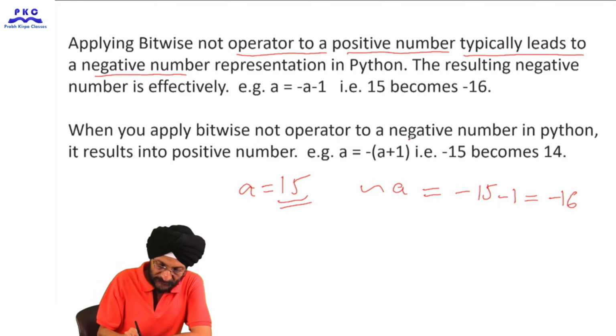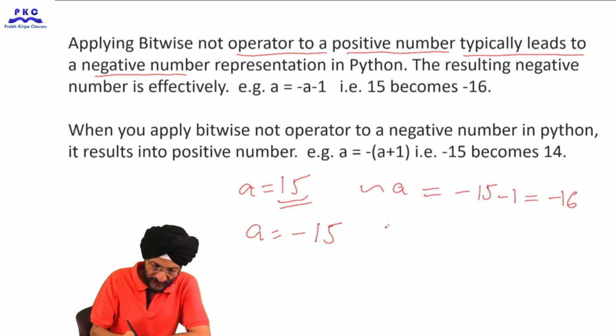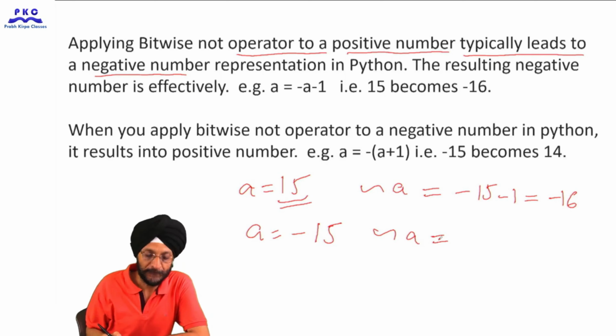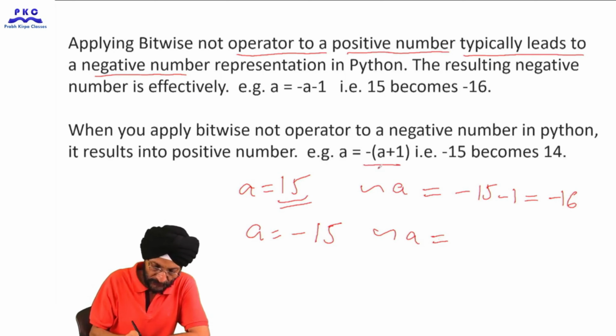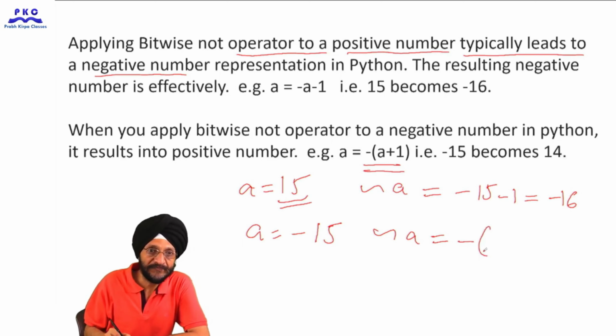When you apply the bitwise NOT operator to a negative number, suppose a is negative, and we are now applying the bitwise NOT operator, what will happen? This will be the formula: minus, parenthesis, value of a plus 1.